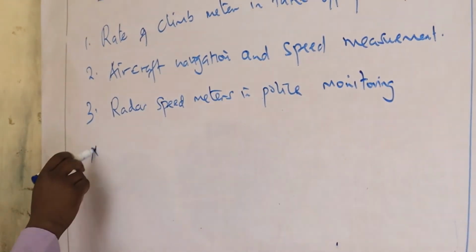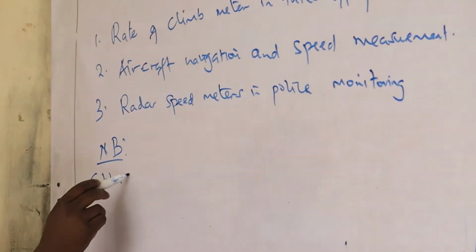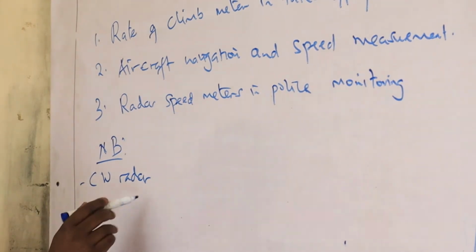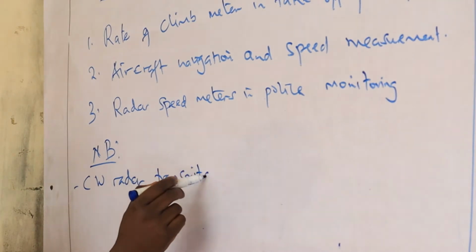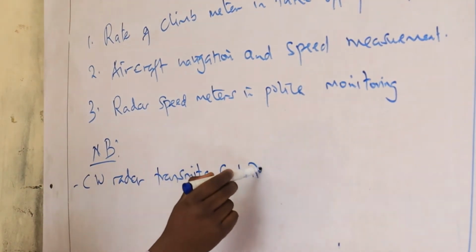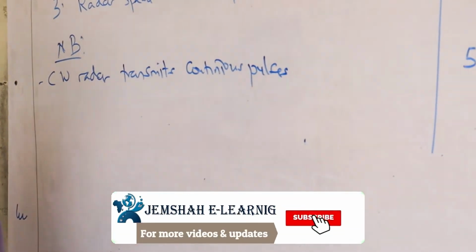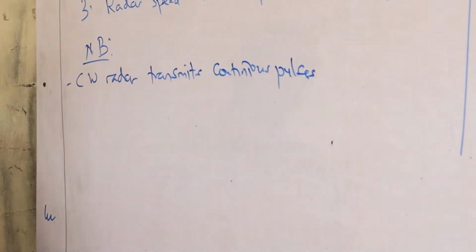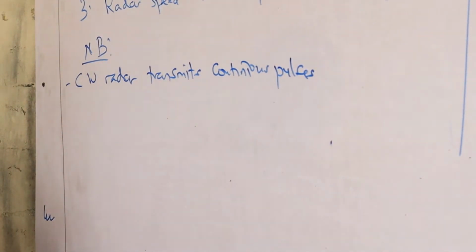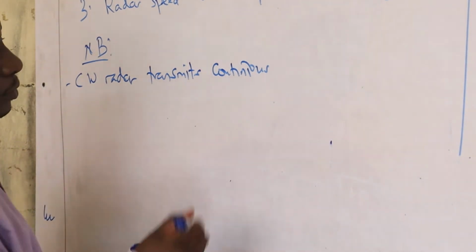So let us take note of some of this. CW radar transmits continuous sine waves instead of pulses. Sorry for that.